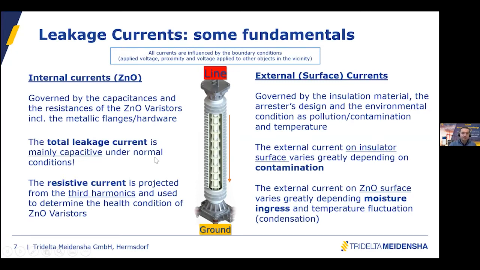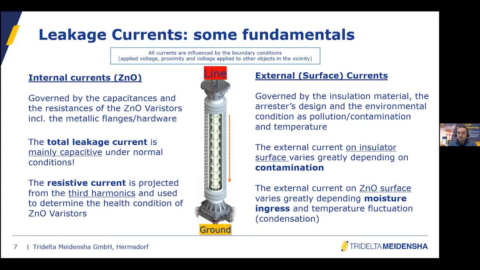Under normal condition, the current flowing through the varistors is capacitive, and what we need to assess the health condition of the arrestor is actually the resistive current. The only way to get a reliable picture of this resistive current is to look at the third harmonic. This is also a method of assessment defined in the IEC user guide 60099-5.